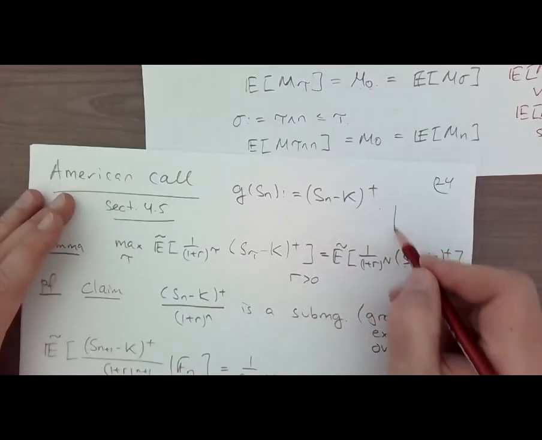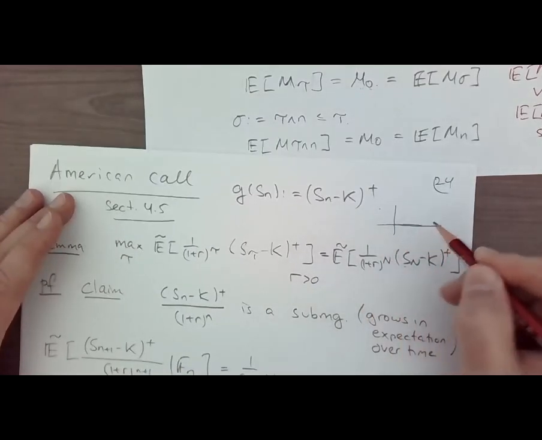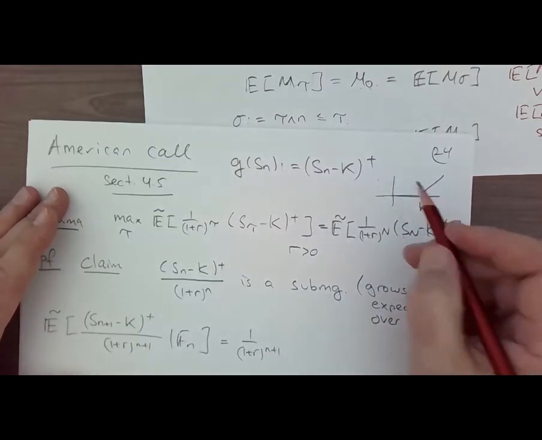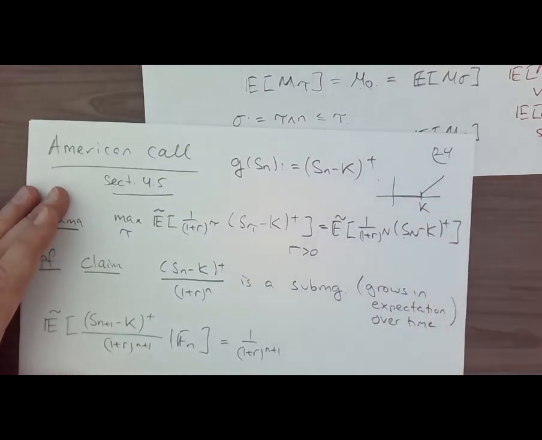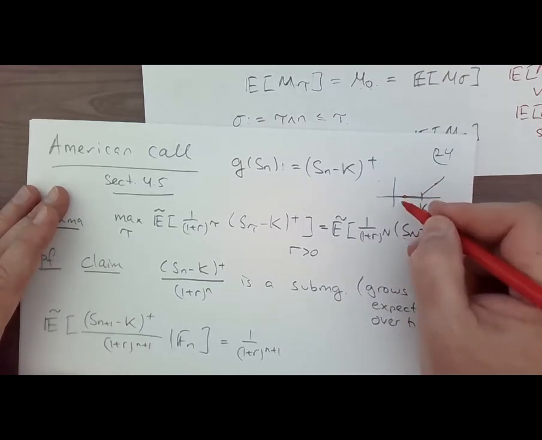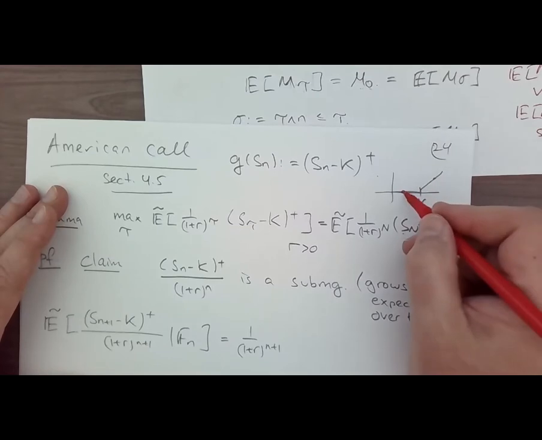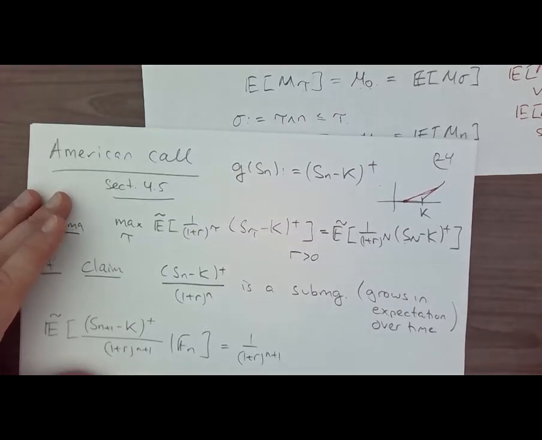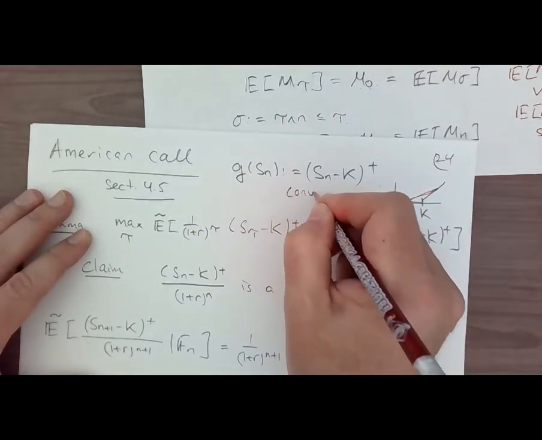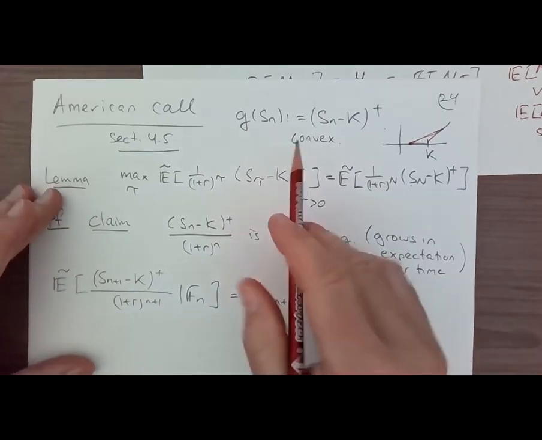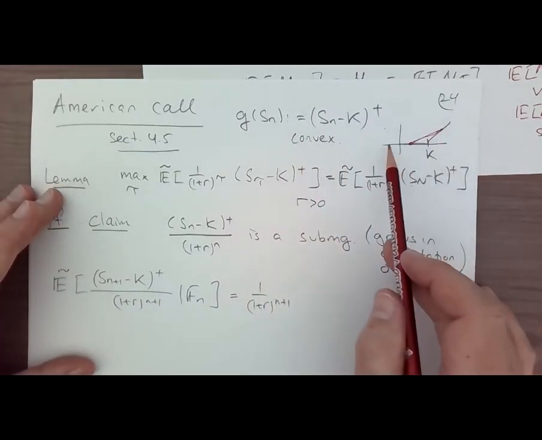The call payoff looks like this. And so you have convexity here, because if I take any two points and I combine them with a straight line, that straight line is above the hockey stick, right? So there's convexity in this hockey stick.